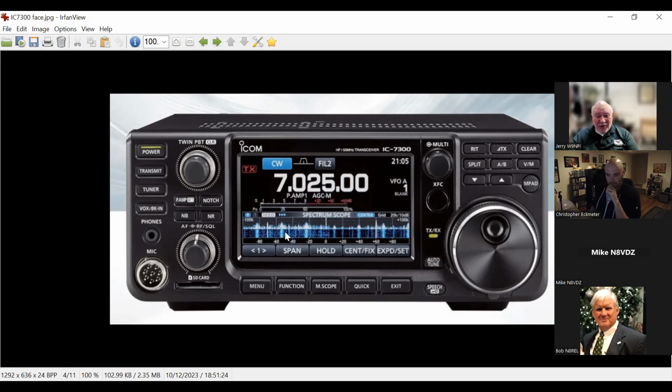The screen sort of gets all blue, and it's harder to see the signal because the noise is amplified quite a bit. It has a noise blanker for static, and a noise reducer, which I guess takes care of some of the atmospheric noise or thereabouts.